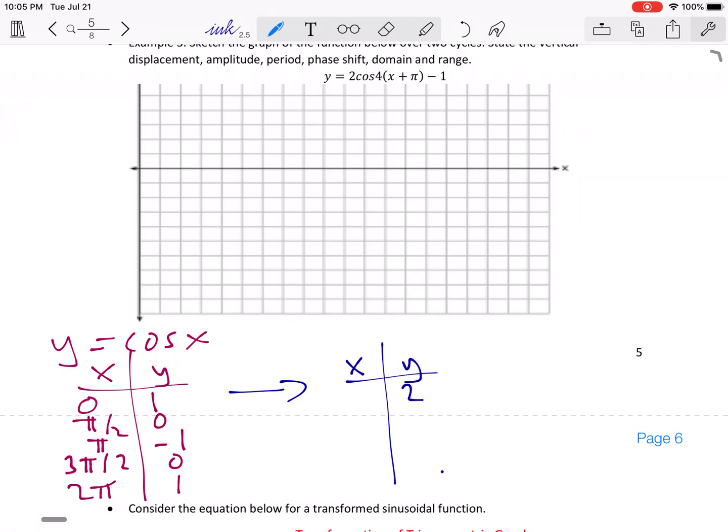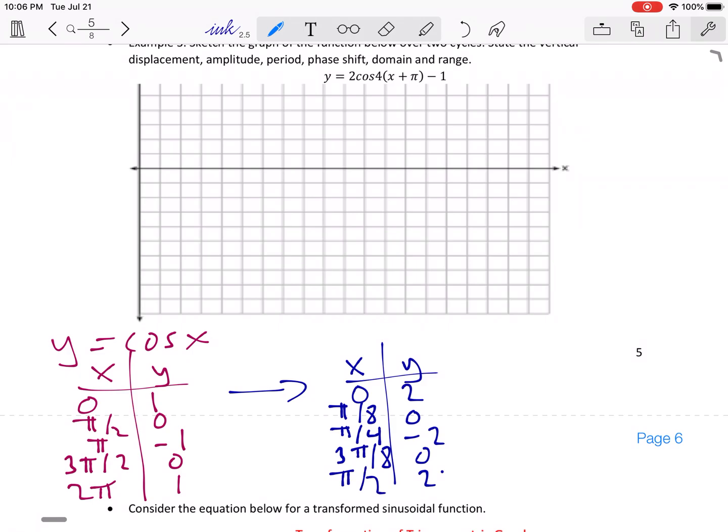So 1's going to be 2, 0, negative 2, 0, and 2. Okay, and then your x, because it's a multiplication of 4, you're going to divide by 4. Okay, so remember how that was backwards? So this is going to give you 0, pi over 8, pi over 4, 3 pi over 8, and then pi over 2. Okay, so that takes care of the stretches.